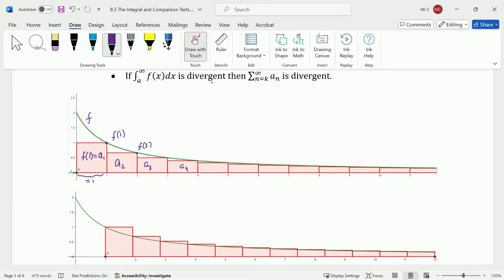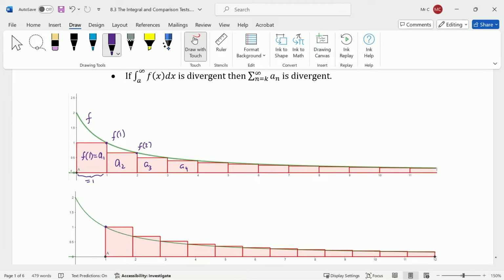So if I know that the area under this green curve is infinite, that it grows unbounded, then I can change the placement so that I move all of my rectangles representing my series to the right, and see that since the area under the green function is infinite, the area formed from these rectangles, which is the same as the sum of the infinite series, will be infinite as well.